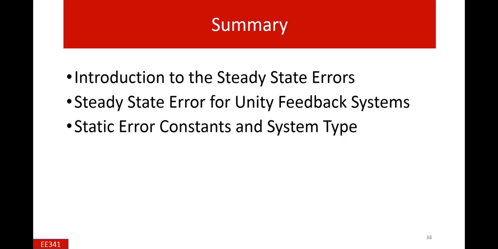We started with the derivation of steady state error for unity feedback, observed the steady state error for different types of inputs, and from there we found some error constants, and also related the steady state error for different types of input to the error constants. In the next lecture we will continue this discussion.